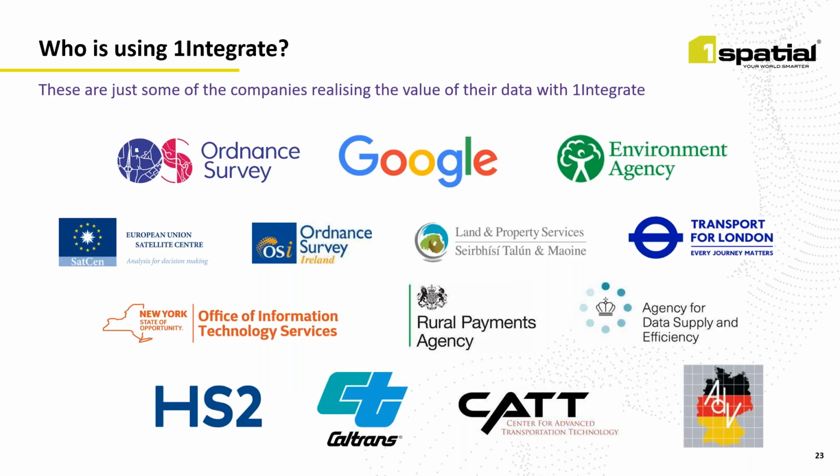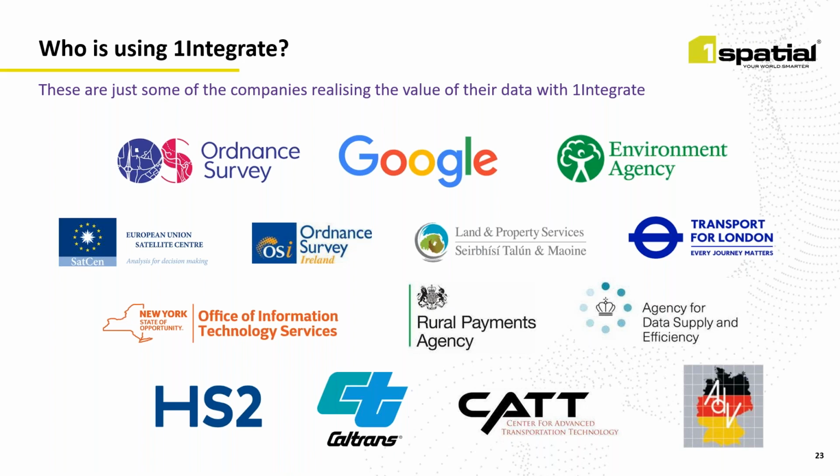So just a quick slide to show who's utilizing 1Integrate currently to realize the value from their data. We have national mapping agencies such as Ordnance Survey, a huge organization that are collecting and supplying millions of data records on a daily basis.